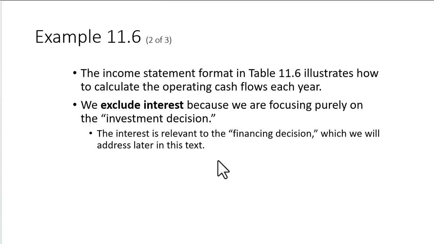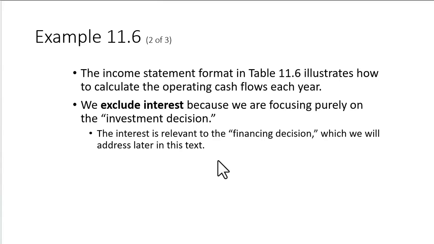However, just to segue to later videos, when we calculate the cost of capital, the weighted average cost of capital, that assumes financing. The interest costs of financing our projects is incorporated into the weighted average cost of capital. In our capital budgeting techniques, the required return for projects is always based on the weighted average cost of capital.